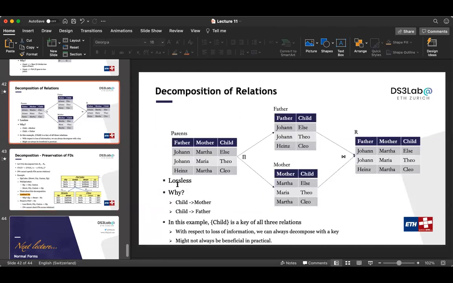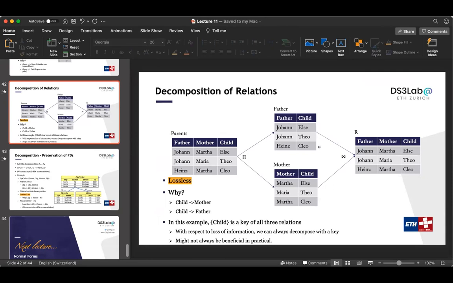If you go back to slide 42, because I have the functional dependency from child to mother and child to father, it doesn't matter what parents relation you gave me. Whatever you gave me, I can always decompose it into the 2 smaller relations, and when I join them back, I will always get the original relation back. That is what we mean by this decomposition being lossless.